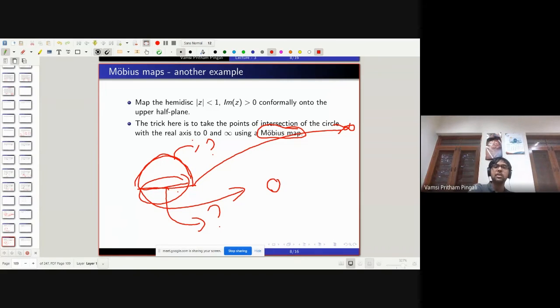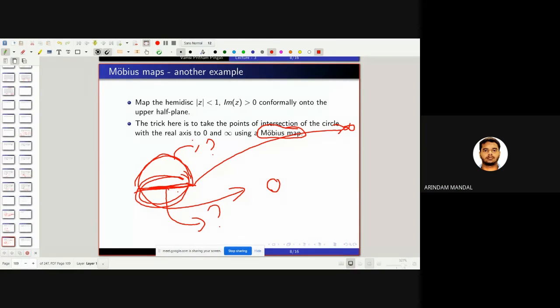No, I'm merely asking you whether this goes to a straight line or a circle, that's all. A part of a straight line or circle, fine. But whatever it is, does it go to a part of a straight line or a part of a circle? Part of a circle, I think.